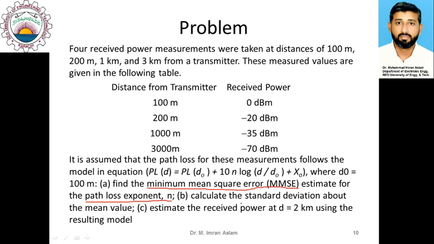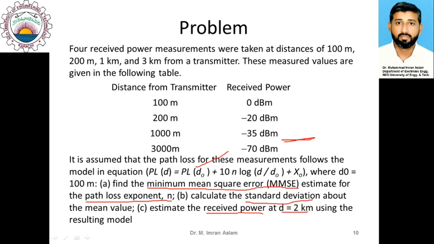The second part, part B, is related to the calculation of the standard deviation, which we'll discuss later, and the third part is related to using this formula to calculate the received power at a specific distance of d equal to 2 km, for which we have no measurement here.